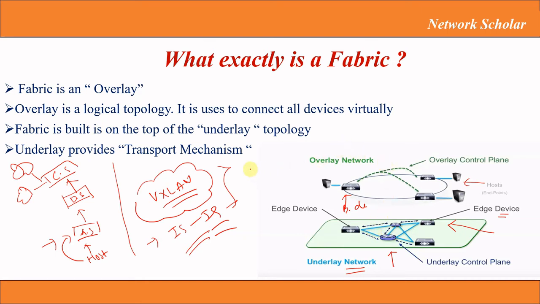So now the question that came to our mind is that earlier it used to be easy. We just needed to configure the access switch and distribution switch, just configure the VLANs and all. But now you are telling me that we have to configure the VXLAN and the ISIS. So the question is, who will do those?